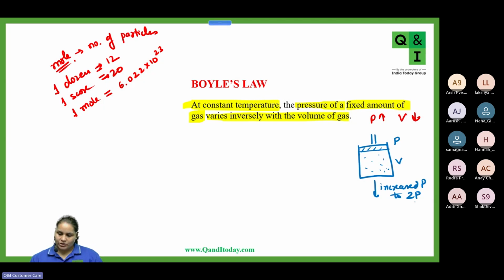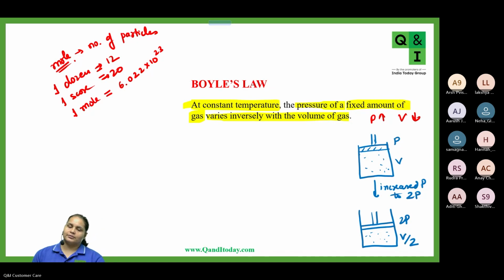I've doubled the pressure by moving the piston down, so that the pressure becomes 2P. Now what will happen? The gas will be compressed and the volume will become half. Once you made the pressure double, the volume of the gas will become half. Am I clear with this example?